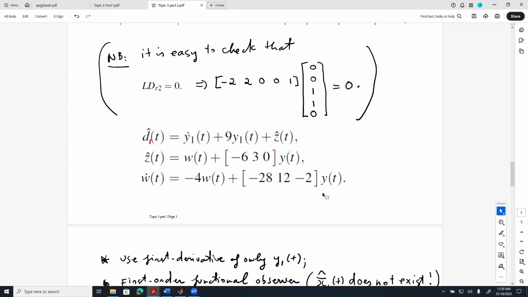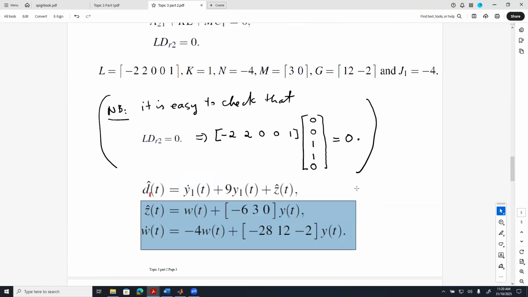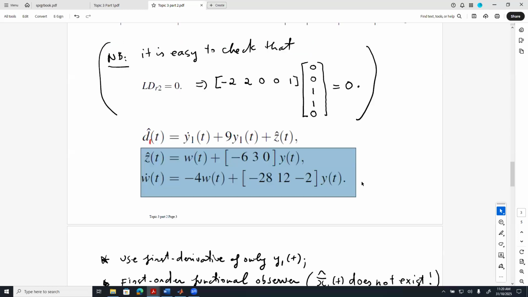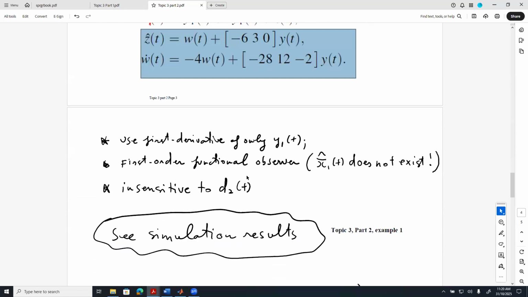So the unknown input, d1 of t, is expressed in terms of the first derivative of the output measurement and this functional observer. This functional observer is first order, and the desired observer is insensitive to D2.